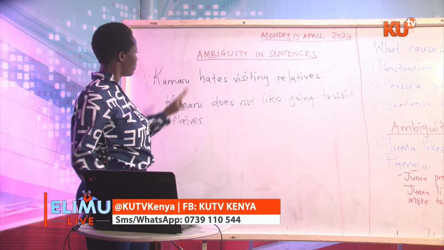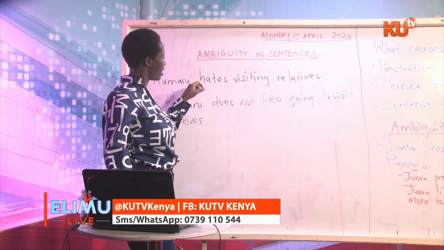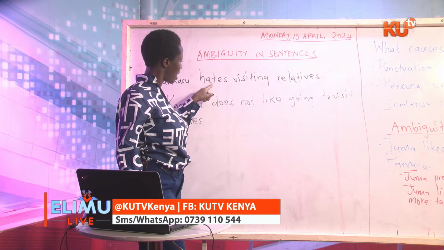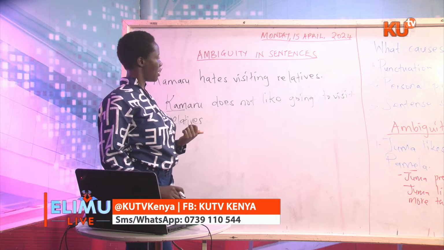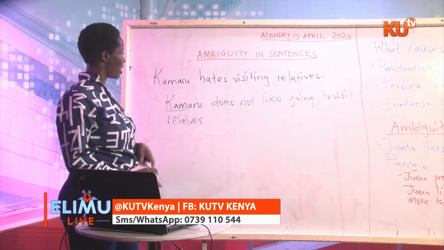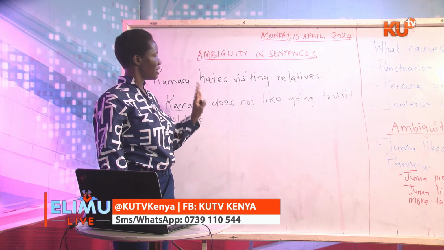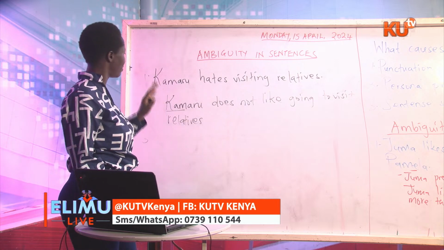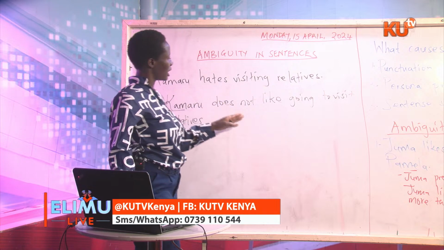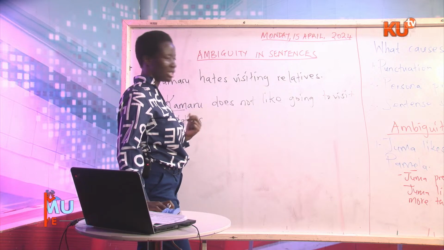But if you replace the verb with another word or other words, then the sentence is now going to be clear. So let us look at the first answer: Kamau does not like going to visit relatives.